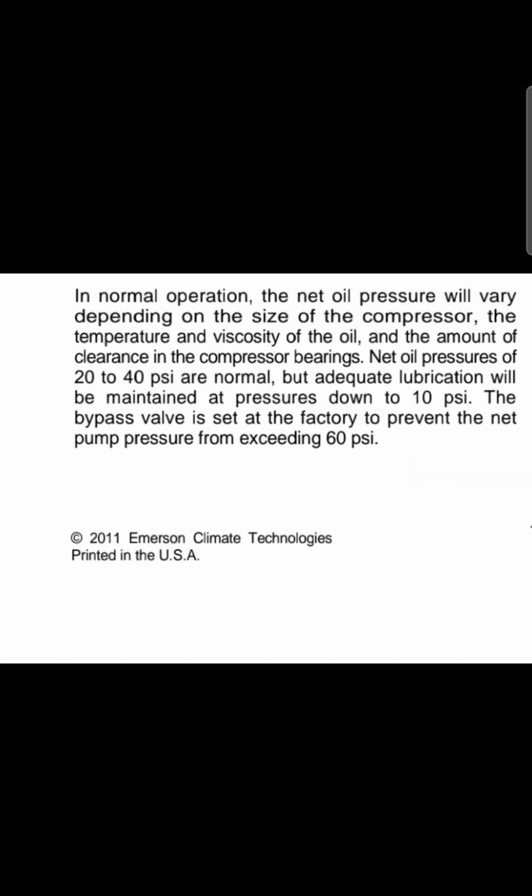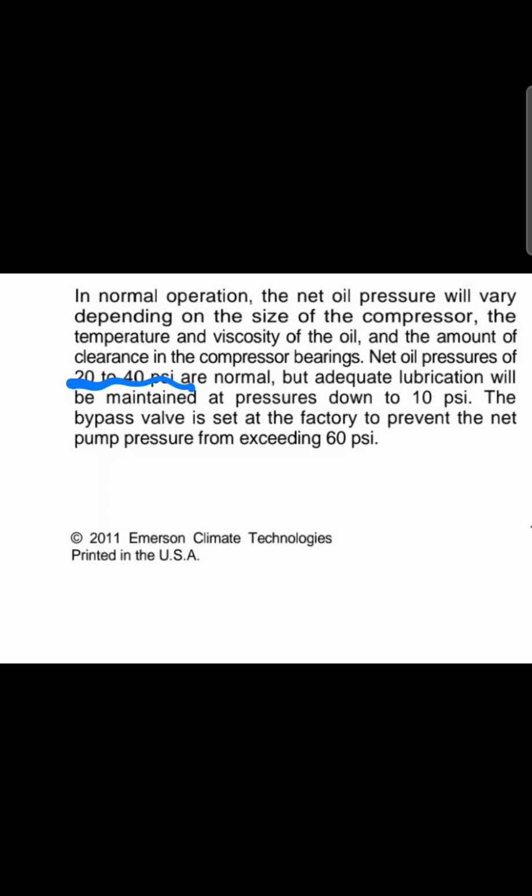Those oil fail controls, like the Centronic 3s or your Penn and Johnson controls, start to time out at 9 pounds. That's because once you start getting below 10 pounds, you're not going to have good lubrication for that compressor, right? 20 to 40 pounds is normal.